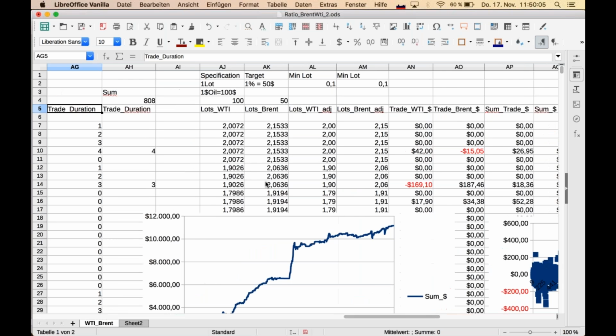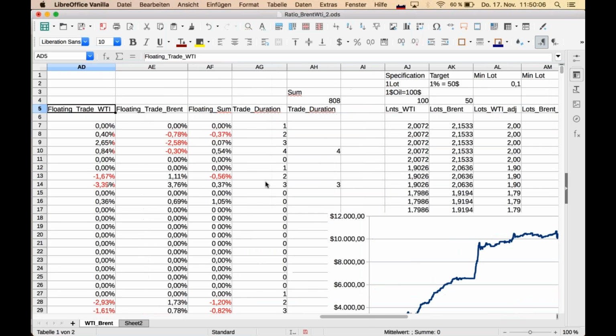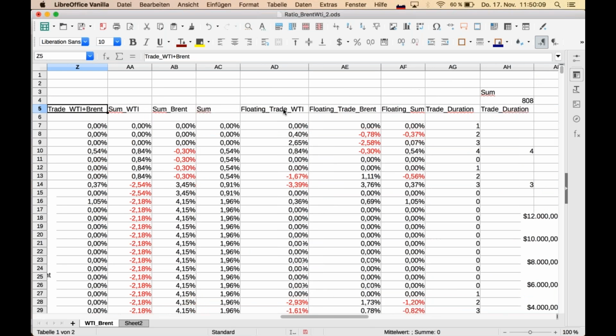But now let's go back to what I have introduced here by so-called floating trade WTI and floating trade Brent. What does it mean? Based on the close value of a candle, I look at what is my current situation of both ongoing trades.